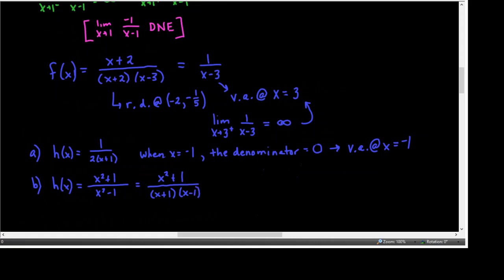Nothing cancels. So in this particular case, I'll have vertical asymptotes at x equals -1 and at x equals 1. I know you may be tempted to write plus or minus 1 and kind of capture those in one statement, but I'd prefer that you not.